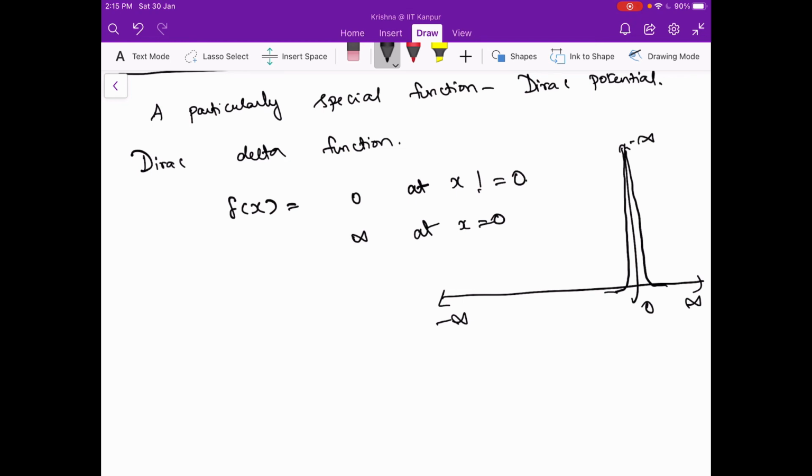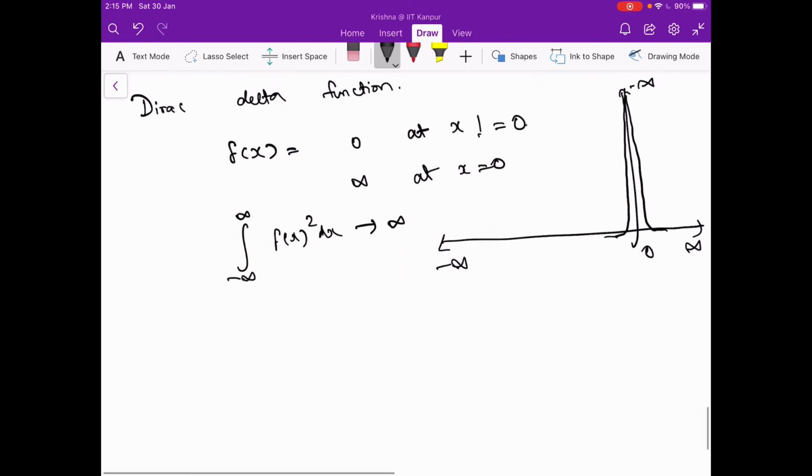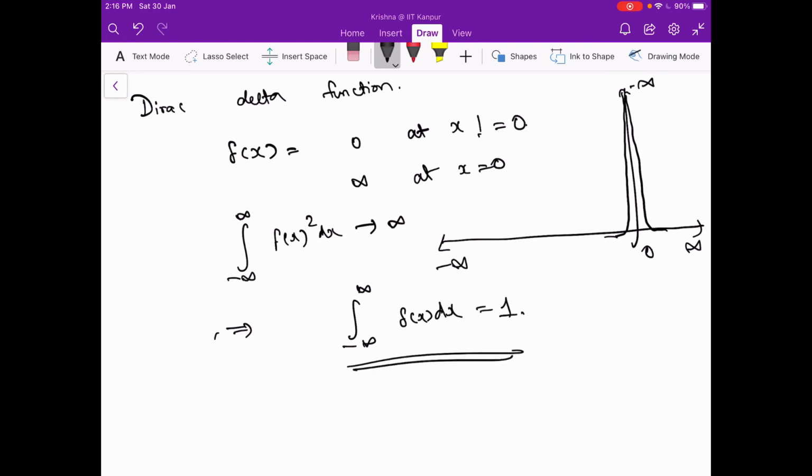If we integrate minus infinity to infinity, delta of x square dx, in the conventional forms, this tends to infinity, of course, because at x equal to 0, it is infinity. But Dirac defined this particular special function in such a way that any integral from minus infinity to infinity, delta of x dx, will turn out to be 1.